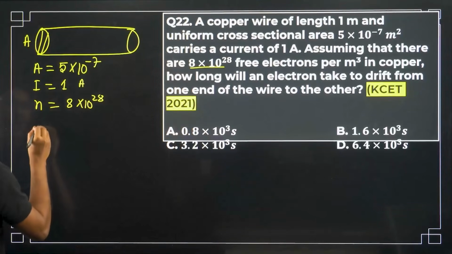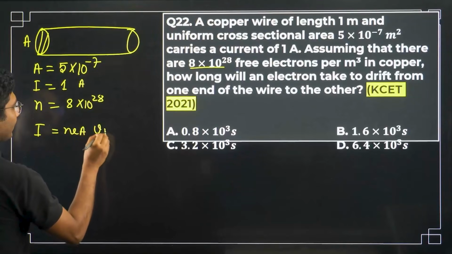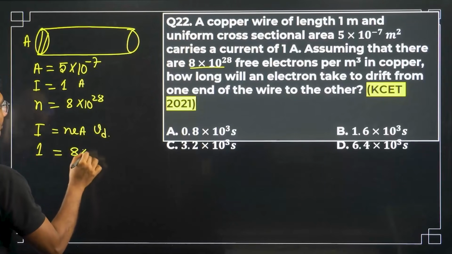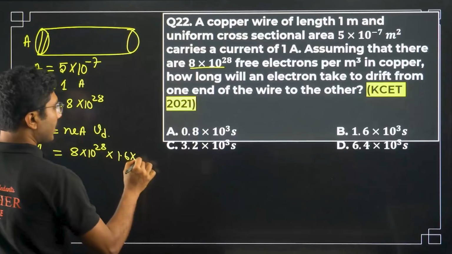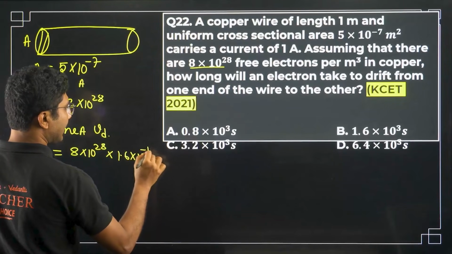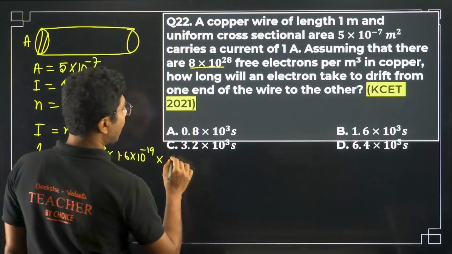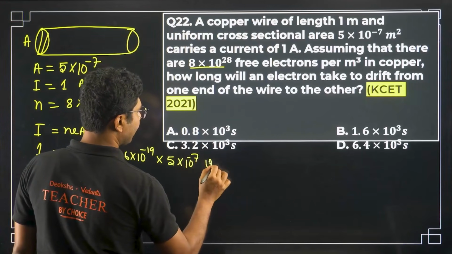So we know that I equals n e A Vd. So 1 equals number density, 8 into 10 to the power of 28, e is 1.6 into 10 to the power of minus 19, area is 5 into 10 to the power of minus 7, and Vd.